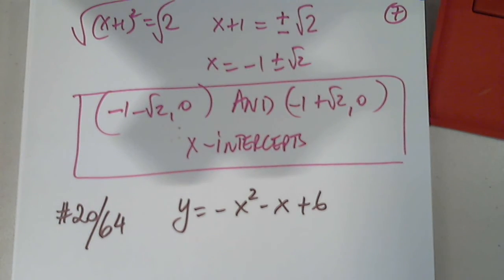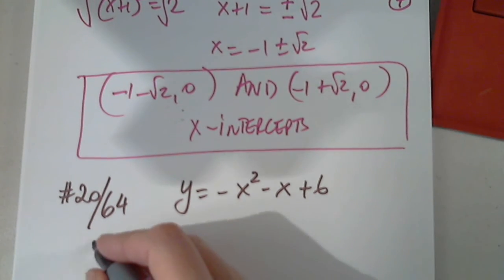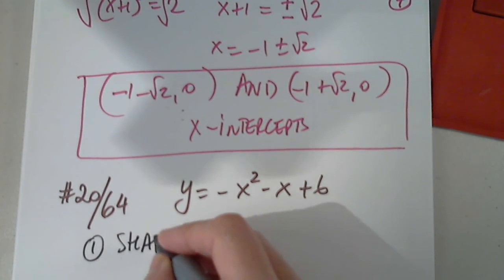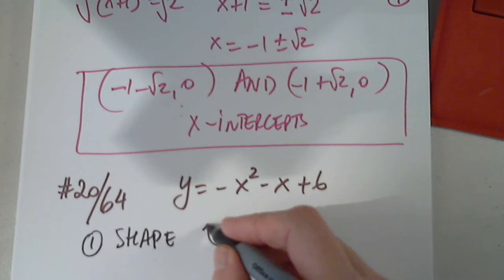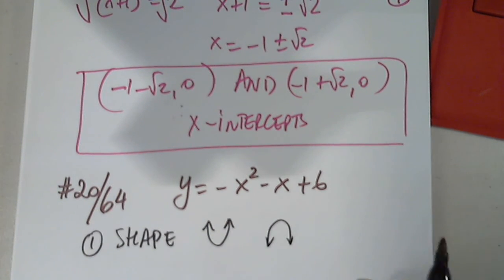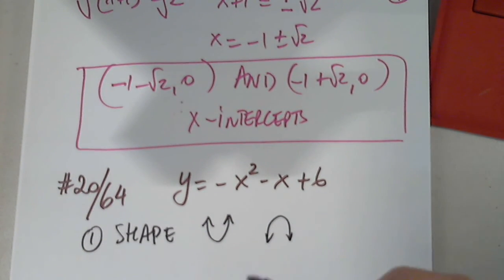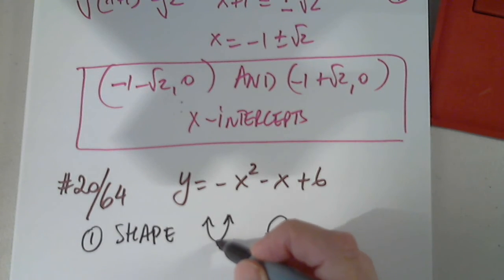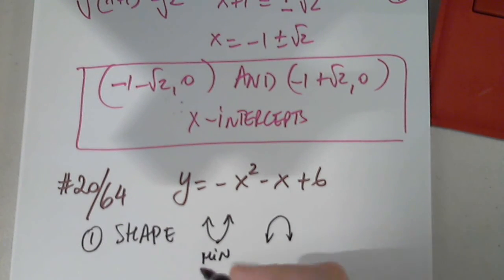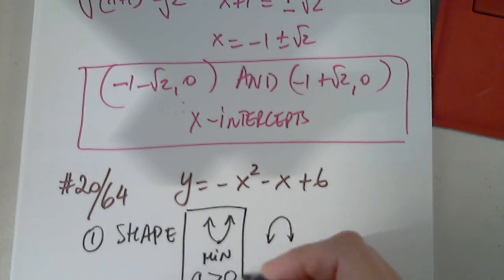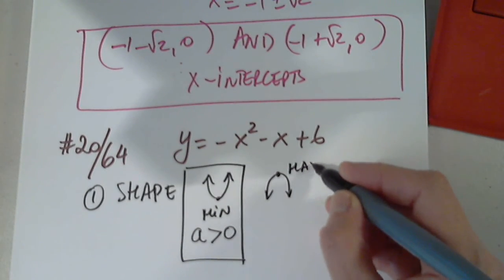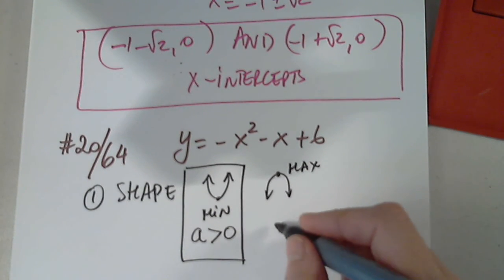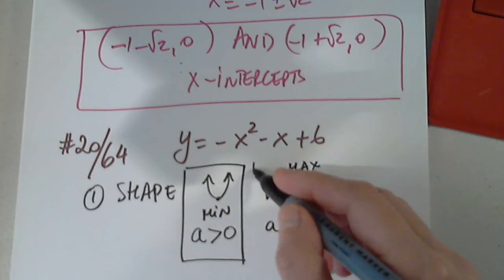First of all, we start with number 1, which is the shape. I know it's a parabola, but I don't know whether it opens upward or downward. Well, a parabola that has a minimum has to have a positive leading coefficient. A parabola that has a maximum will have a leading coefficient that is negative.